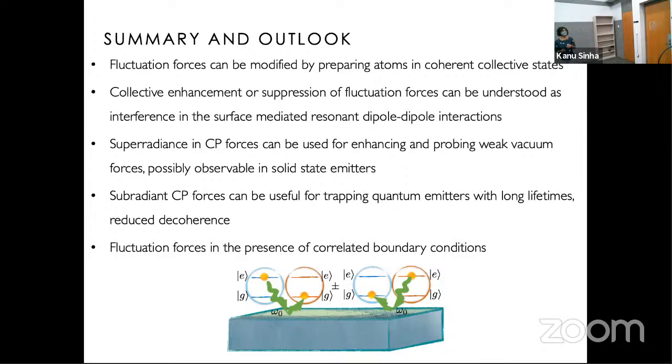And as another aspect, this opens a new question about looking at vacuum forces in the presence of boundary conditions that possess correlations. So typically, the standard way we treat Casimir forces is to just treat the boundary conditions as being given. And this opens the question of what happens when those boundaries themselves possess some correlations, for example.